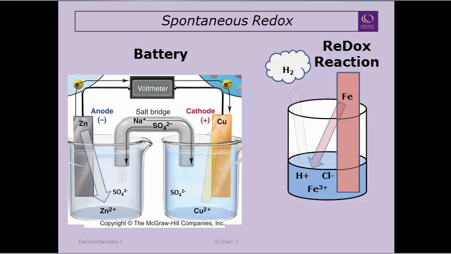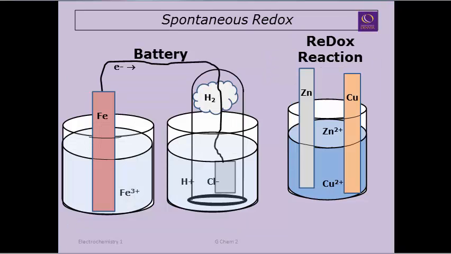But just to prove my point, I'm going to take these two reactions, change their roles, and show you that you could also set up a battery using the iron oxidation coupled to the hydrogen reduction.